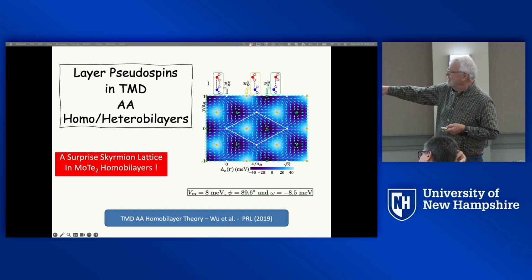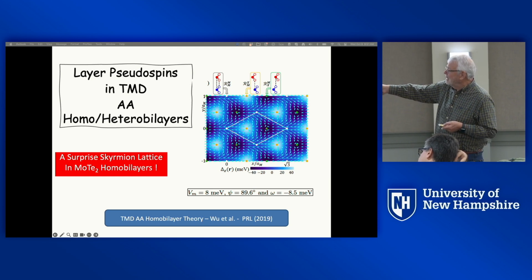So the Hamiltonian is completely polarized to one layer at one point in each unit cell, completely polarized to the other layer at another point in the unit cell.